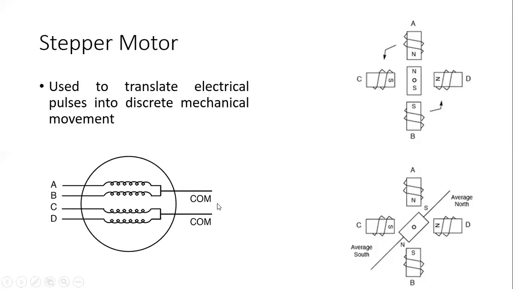So A and B, and C and D are connected in series, and there are two common connections. It is a motor which rotates in steps by using electrical signals.